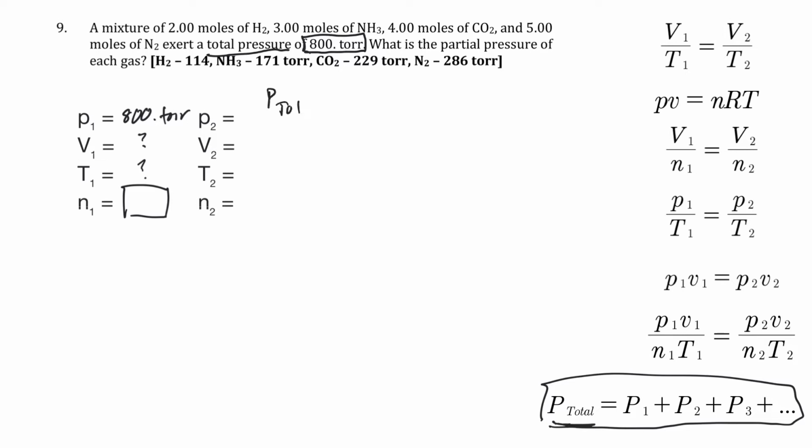So the pressure total in a system will be equal to the pressure due to hydrogen plus the pressure due to ammonia plus the pressure of carbon dioxide and the pressure of nitrogen. So all together. But I don't have a pressure.